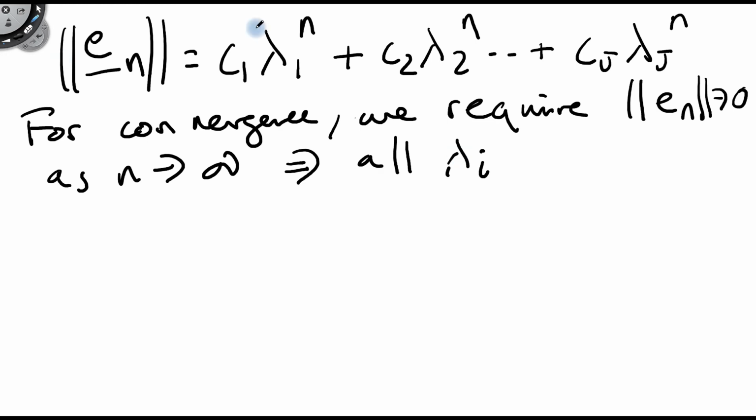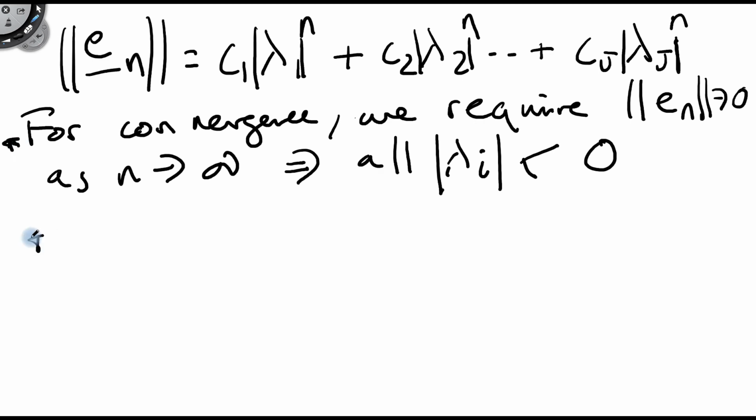Because you're taking the norm, the absolute error, we can also take the absolute value. So all the absolute values of lambda i need to be less than 1 for it to tend to 0. So that's the first thing.